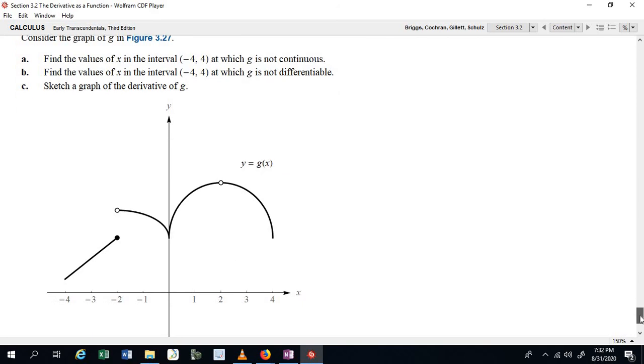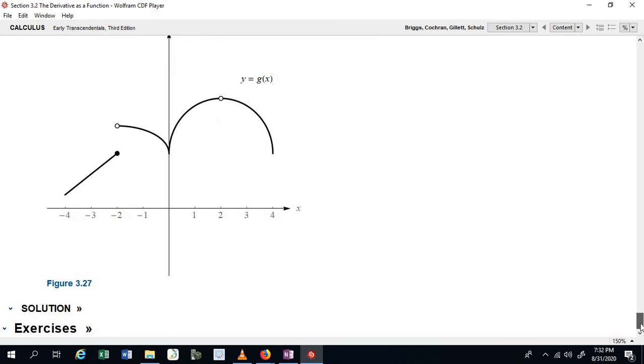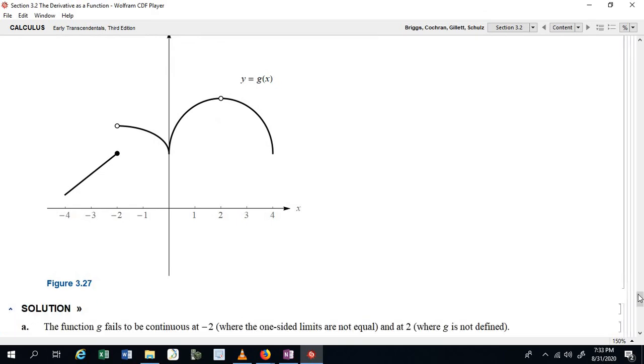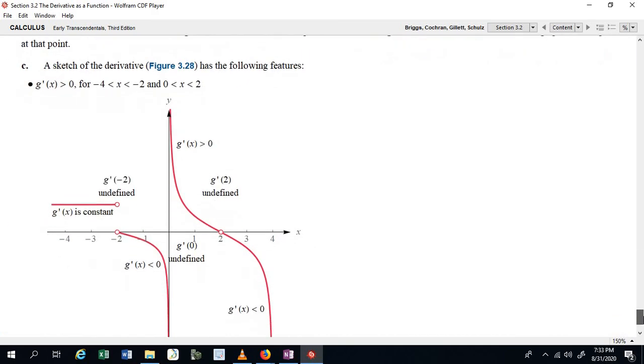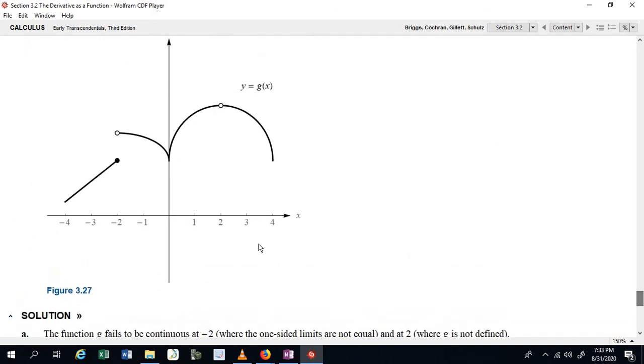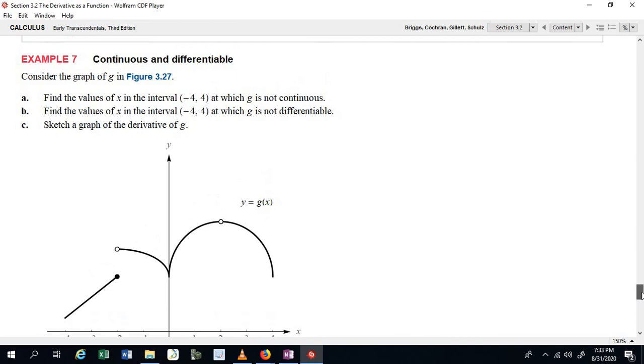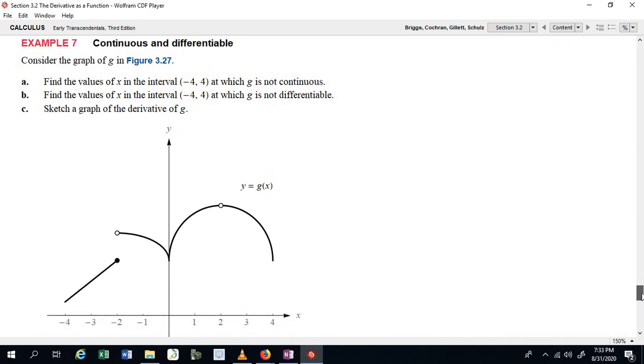Okay, now part C, let's sketch a graph of its derivative. Now remember, when you sketch the graph of the derivative, what you need to do is look at the slopes of the tangent lines at every point in the domain of g of x.